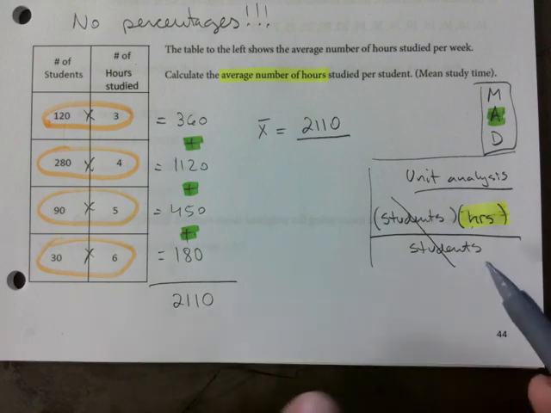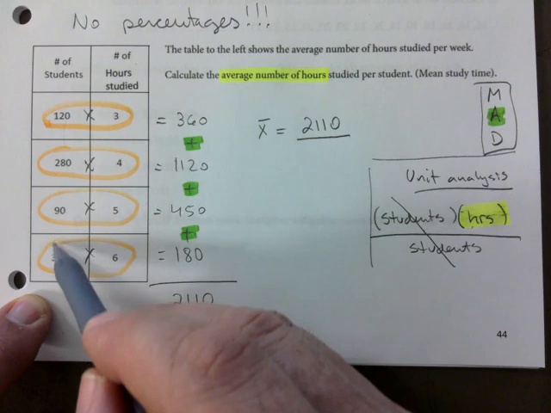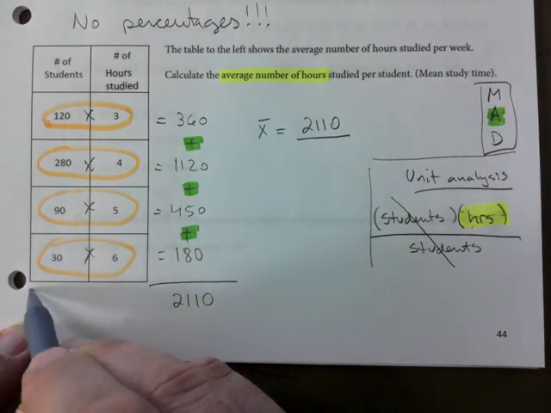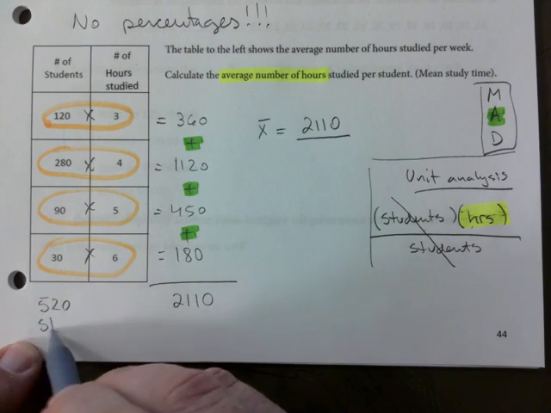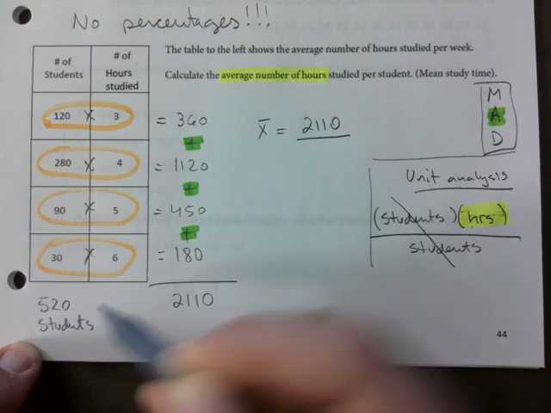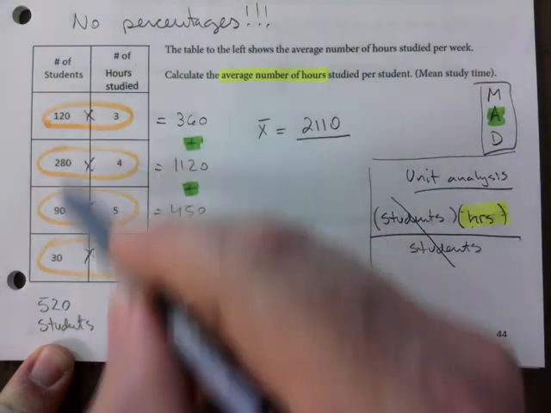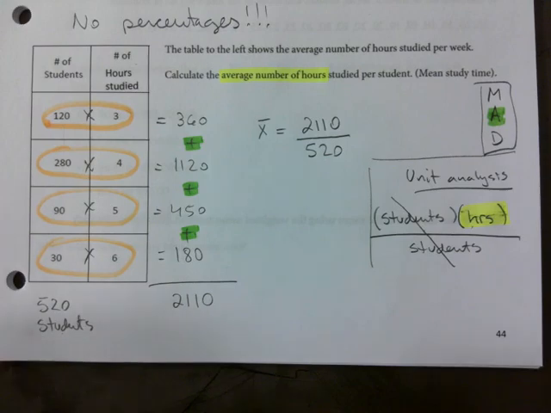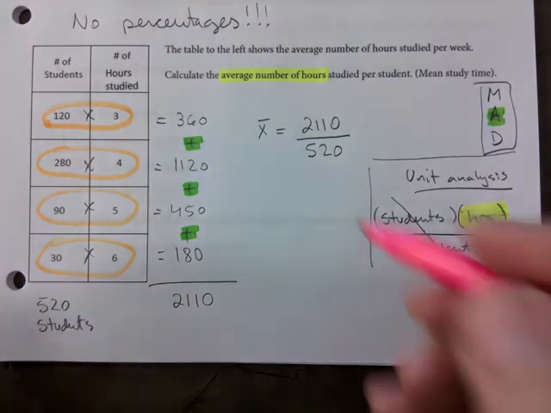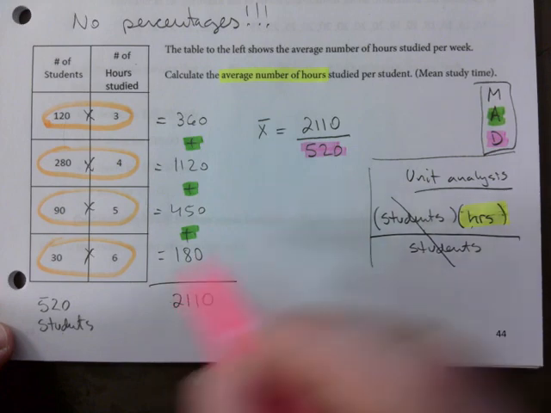So we go over to our table again, and we're going to add up the total number of students here. I get 520 students that have been considered for this survey. Okay, 520 students have been asked, so that's what we divide by, 520. I'm going to use pink for that one. That's my last step, right?